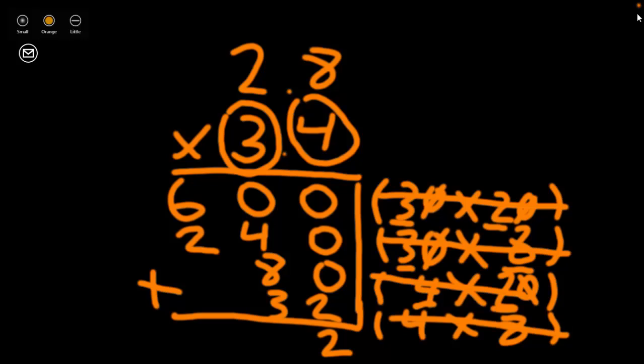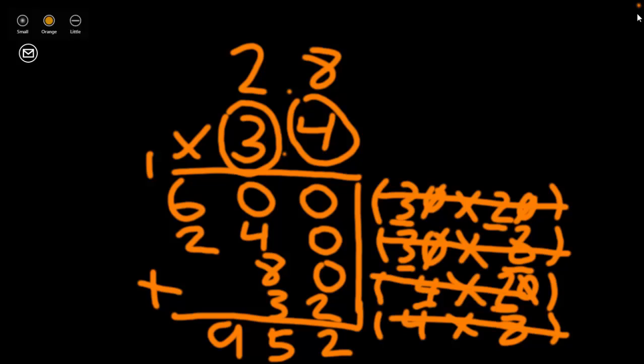Let's go to the next column in the middle. 3 plus 8 is 11, plus 4 is 15, plus 0 is still 15. I'm going to put my number in my ones place down here below the column that I added up, and I'm going to carry my 1 from my tens place all the way up to this next column. 6 plus 2 is 8, plus 1 is 9.